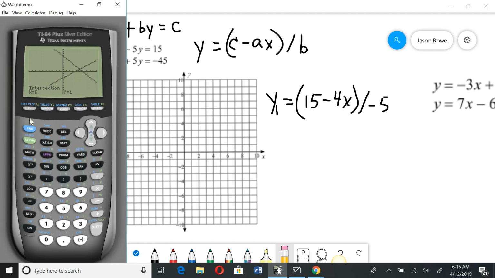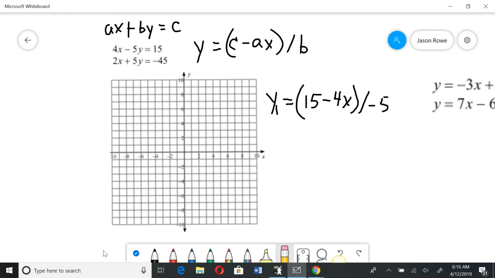So I'm going to go back to y equals. So I'm going to clear out any equations that are already there. And then I'm going to go back to y1 and type in this first equation. So 15 minus 4x, close the parenthesis, divide by -5.